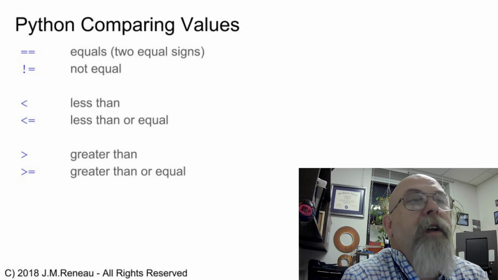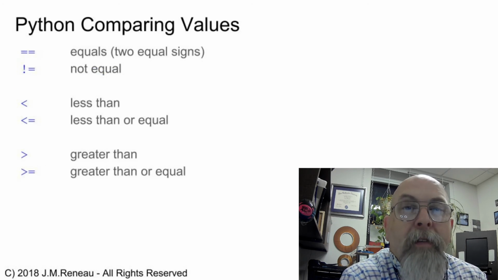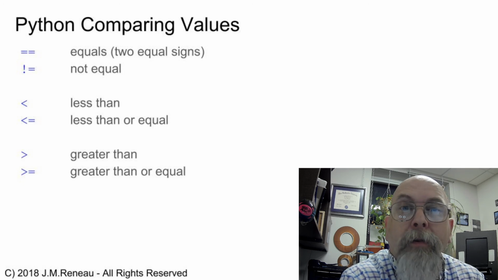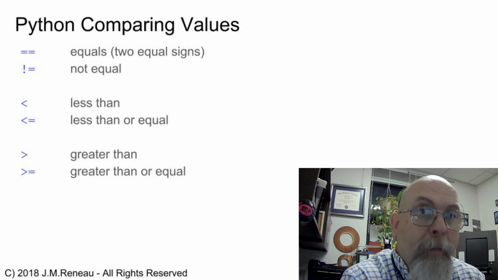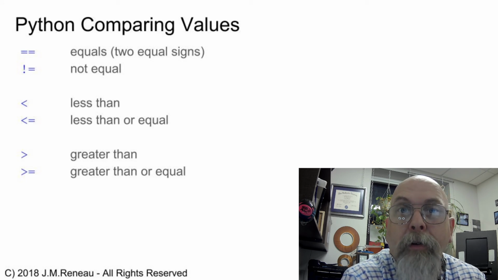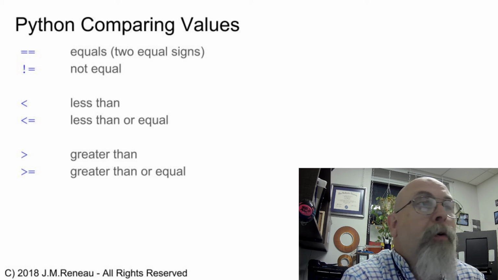So at this point in the video, we've talked about Boolean values, Boolean operators, true and false. But how do we really use that in a programming environment? Well, how we do that is by comparing values using the comparison operators that are shown on the slide right now to return true or false values based upon values that we find in other variables in our programs.